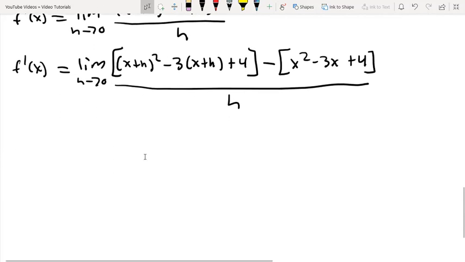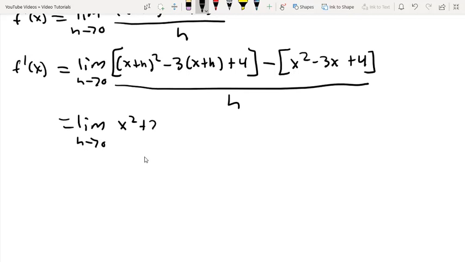So now we just have to do a little bit of algebra and simplify this a little bit. So this will be equal to the limit as h approaches 0 of x squared plus 2xh minus 3x minus 3h plus 4 minus x squared plus 3x minus 4. So we expanded out this binomial here to get this.